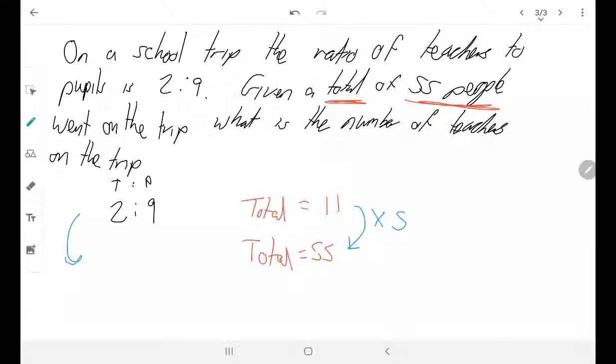I'm going to do the same here, times 5. So 2 times 5 is 10, and 9 times 5 is 45. So there are 10 teachers and 45 pupils on this imaginary school trip, which has probably now been cancelled, at least in our imaginary school world.